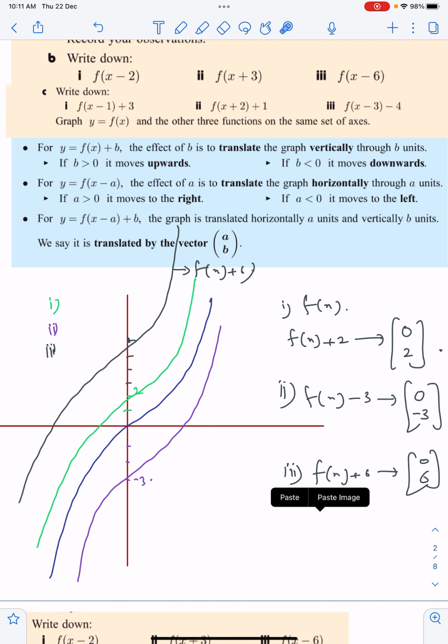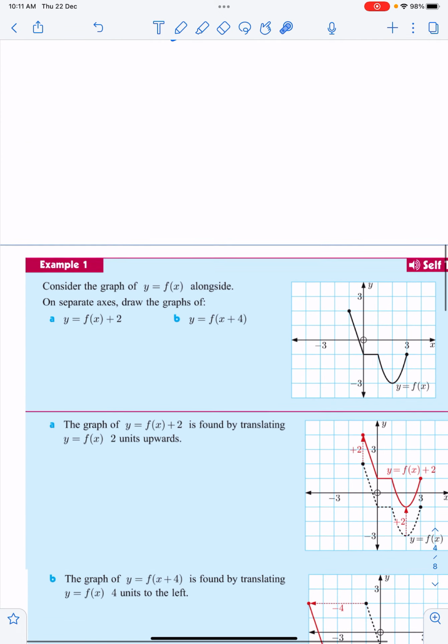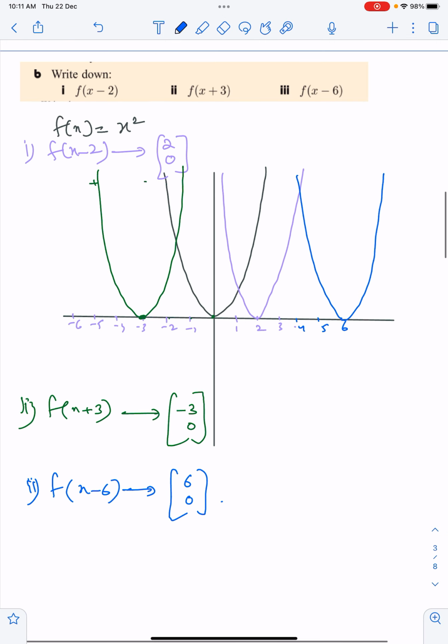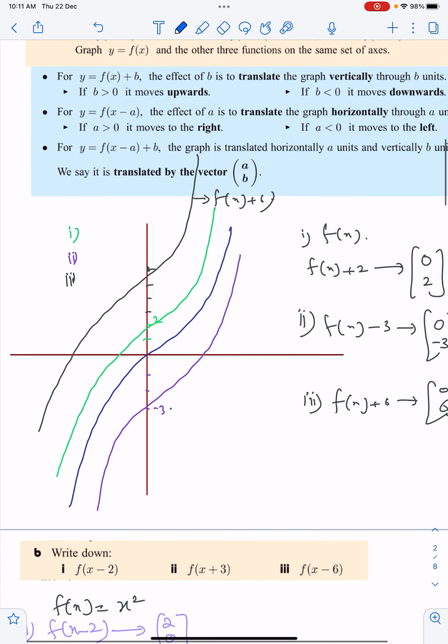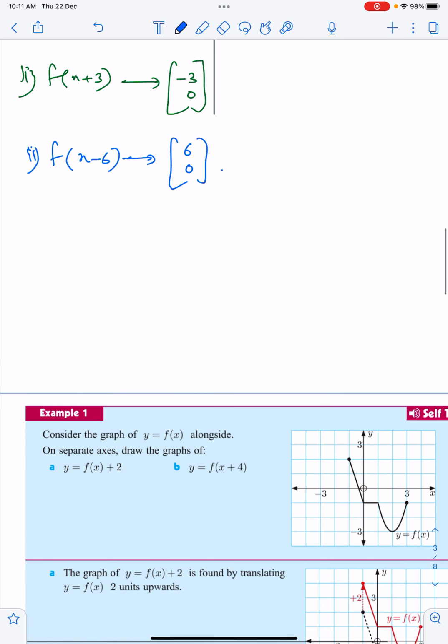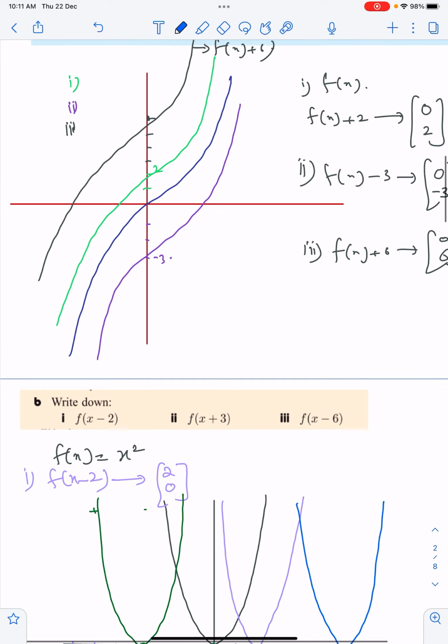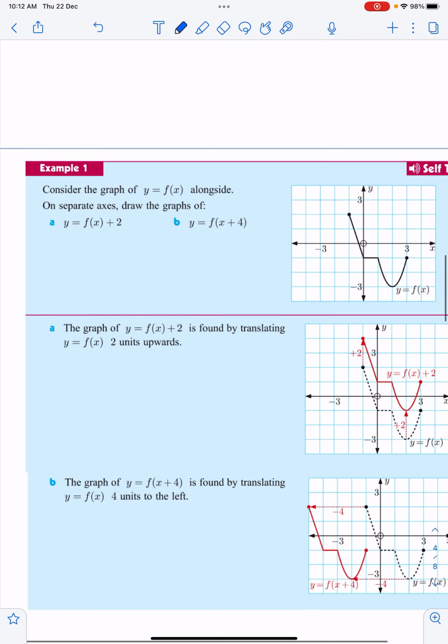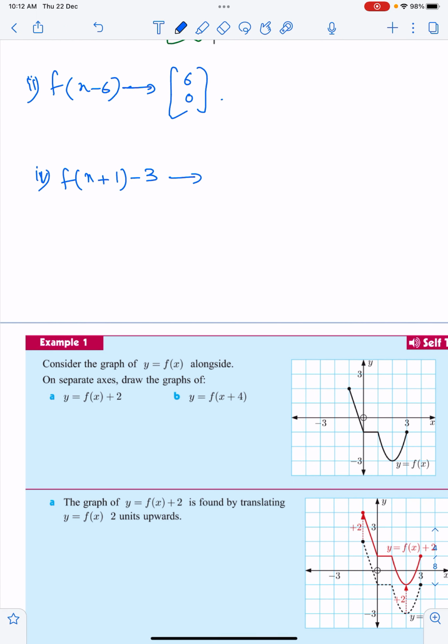Okay. So if I take the example of the fourth part for the same graph, if I write f of x plus 1 minus 3. Okay. So the graph will shift horizontally by 1 unit onto the left, that means negative 1, and it's going to go down by 3 units.